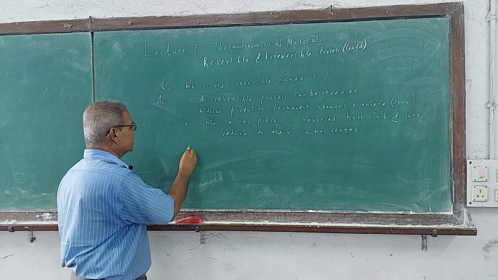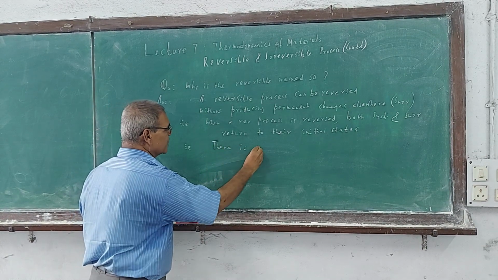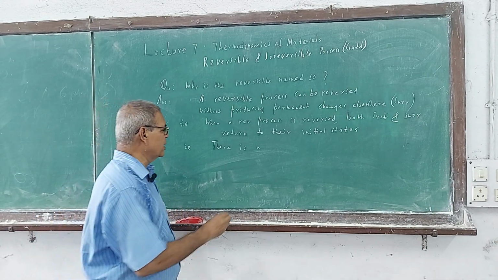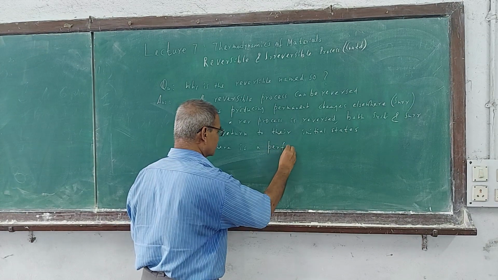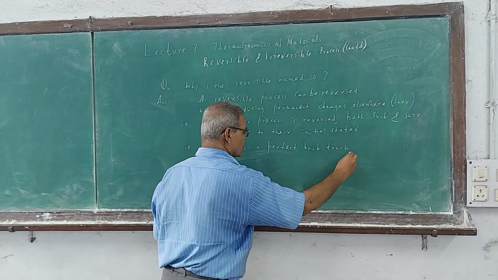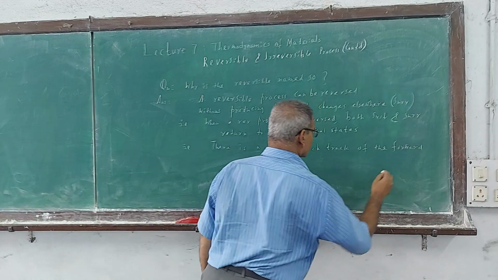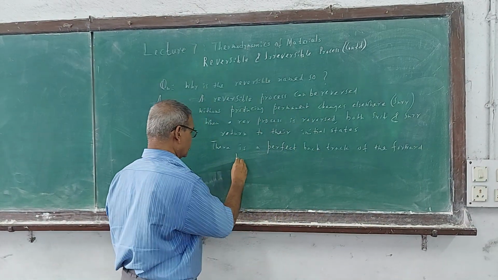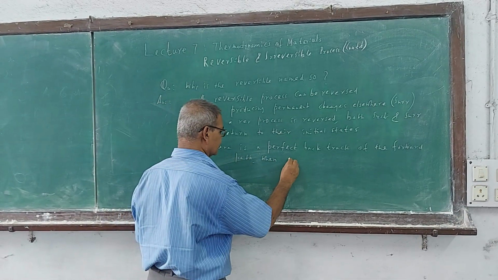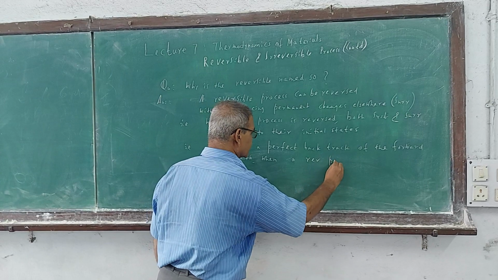In other words, and maybe this is easier to recognize, there is a perfect backtrack of the forward path when a reversible process is reversed.